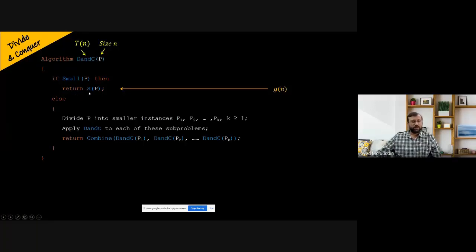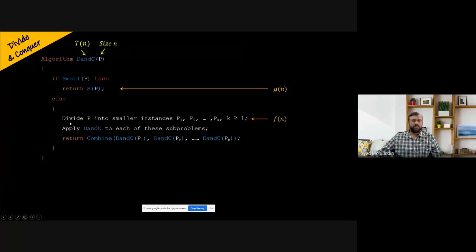The return statement also takes primitive time, but here S is a function which gives us the solution for the problem P. We don't know how much time this S function is going to take, so we don't say that it takes primitive time, though it is a return statement. Let us say that it takes g(n) time to give the solution. Then obviously else is also a primitive statement.